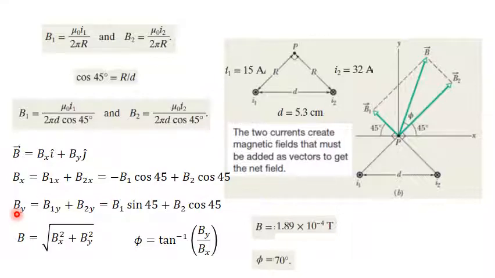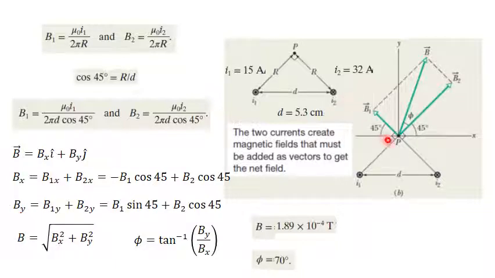The Y component will be B1Y plus B2Y, and both of them are in the positive Y direction. So by taking the amplitudes of B1 and B2 and applying these directions, we can obtain the total magnetic field in X direction and the total magnetic field in Y direction.